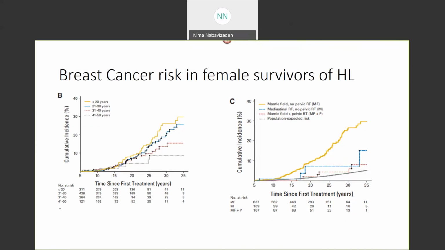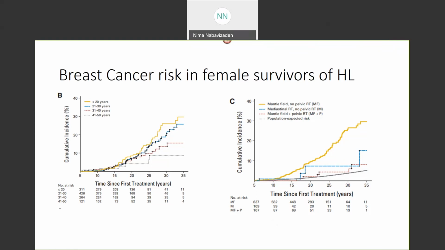You can see on the graph to the left from this JCO article in 2009 that the younger you are, the increased incidence of breast cancer you have. At 25 years out, the yellow curve on the left, somewhere around a 20% cumulative incidence risk of breast cancer, as compared to the population risk, which is somewhere around a couple percentage points at 20 years.